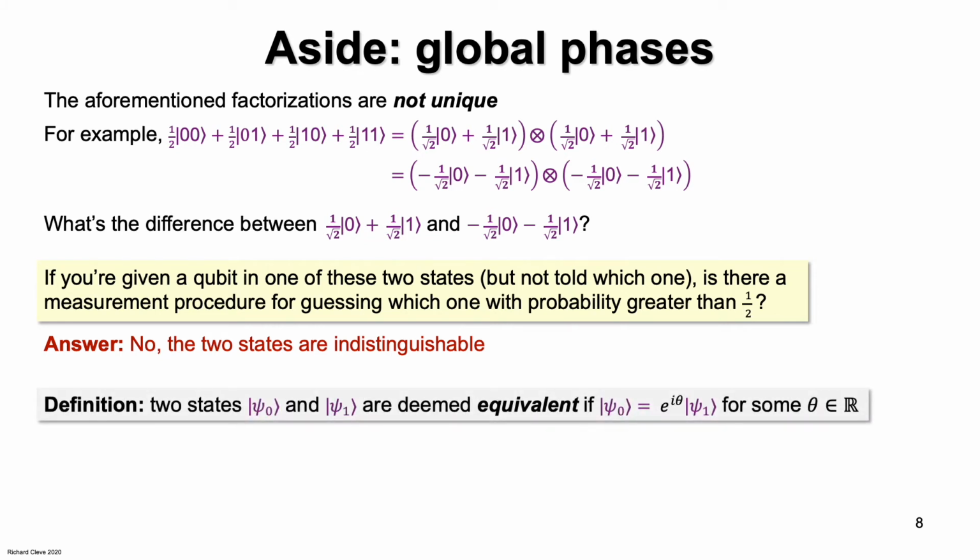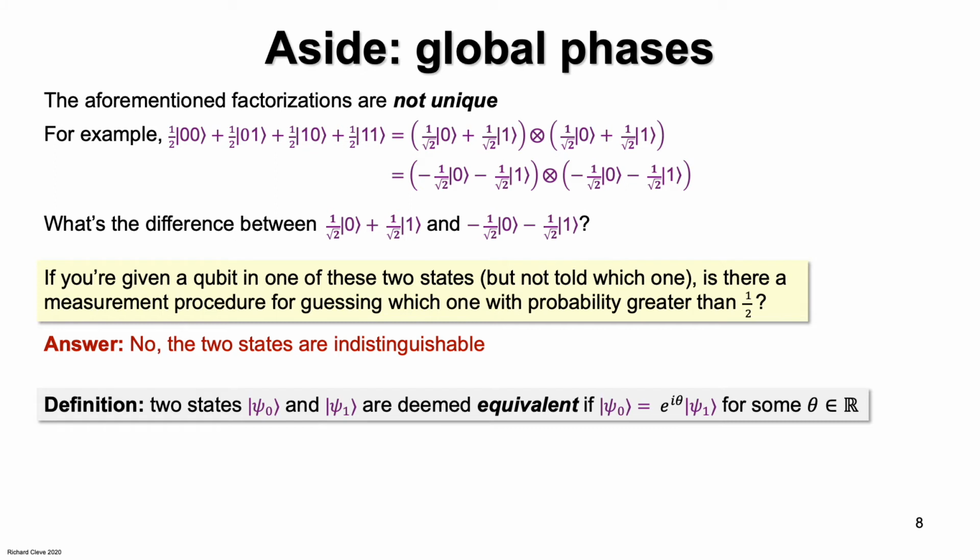And based on this, we define an equivalence relation on amplitude vectors. We say that 2 vectors are equivalent if one of them differs from the other by multiplying by a complex number with magnitude 1.